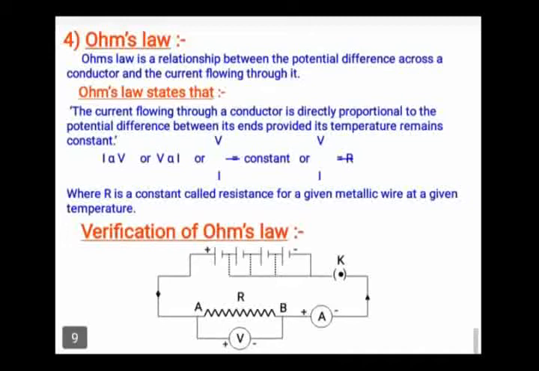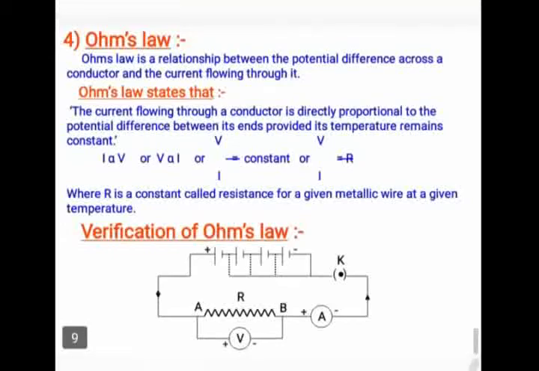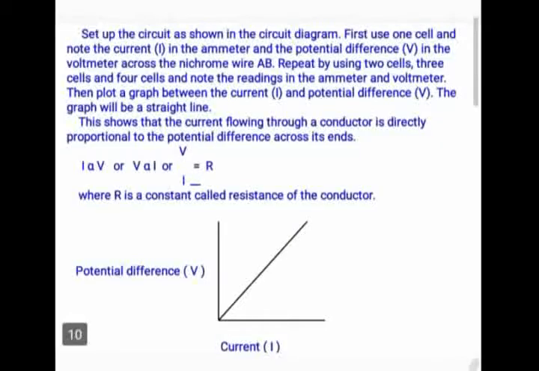Verification of Ohm's law. Set up the circuit as shown in the circuit diagram. First, use one cell and note the current I in the ammeter and the potential difference V in the voltmeter across the nichrome wire AB.